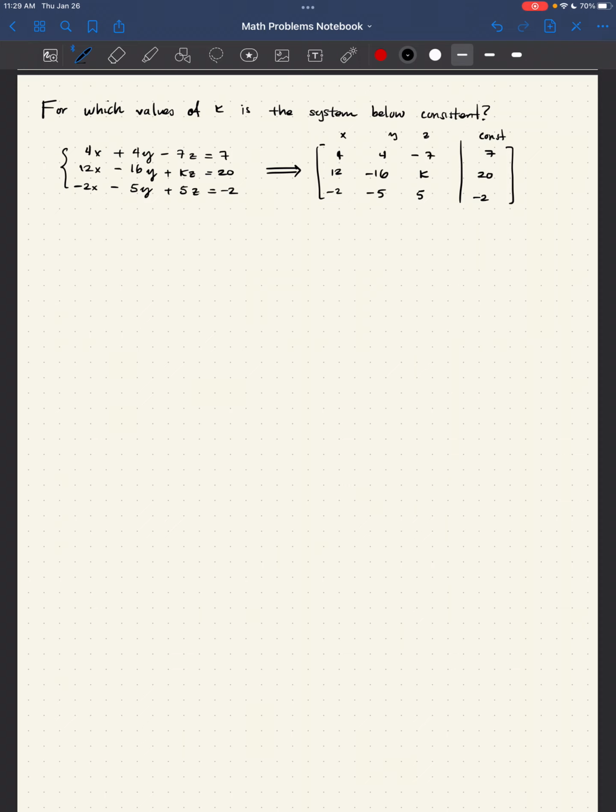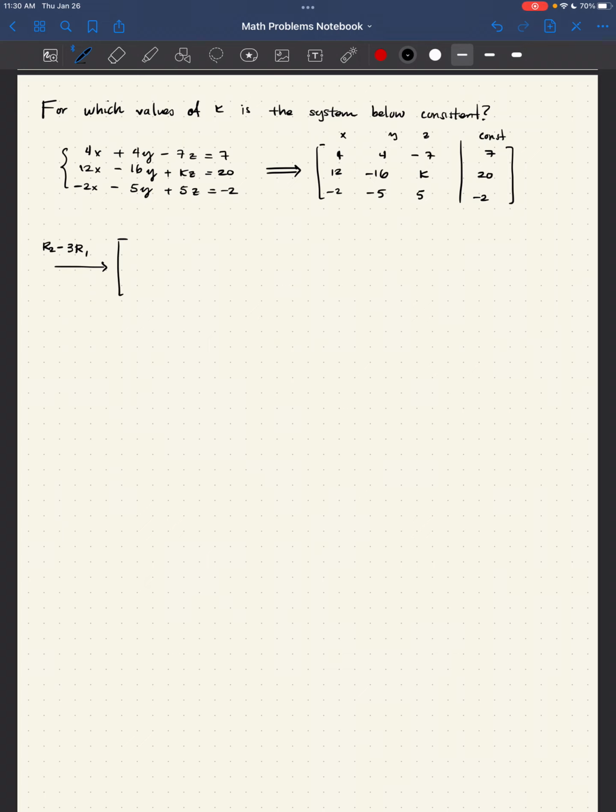Okay, so let's do the following. First operation that I'm going to perform, I'm not going to follow the standard procedure, but as long as I'm following valid row reductions, I'll get an equivalent system, right? So to row 2, I subtract 3 times row number 1.